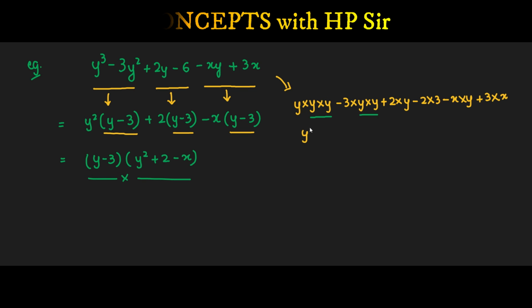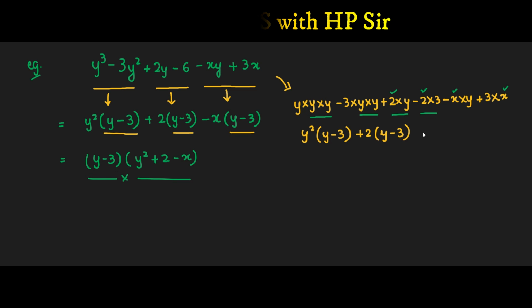So if I take y into y common, that is y square is common, I will get y minus 3 within the brackets. Similarly, within the next two terms I can take 2 common. Hence I am writing it as plus 2 into bracket y minus 3, and in the next two terms x is common, so I am taking minus x as common, so that within the brackets I get the same term y minus 3.